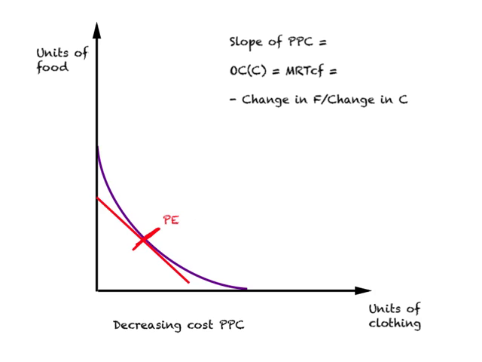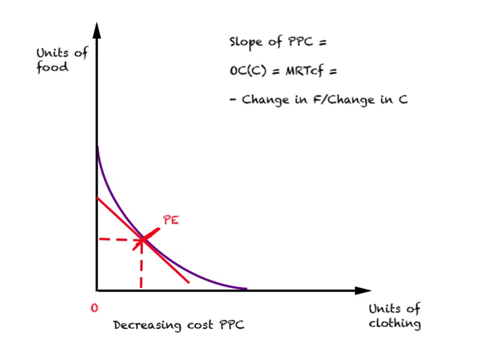And based on this production equilibrium, we can figure out how many units of clothing and how many units of food will be produced by this country. So let me just label that part.